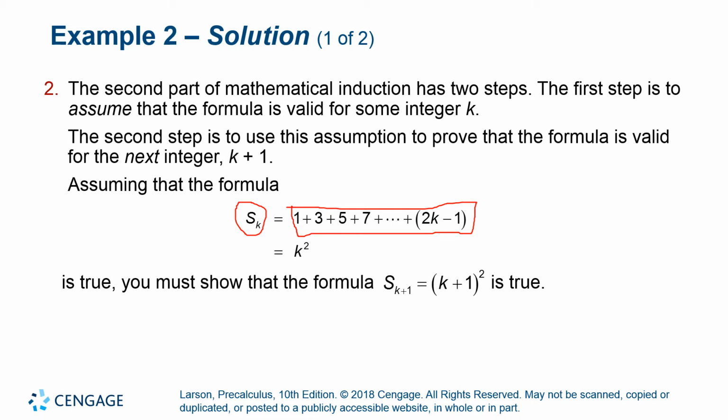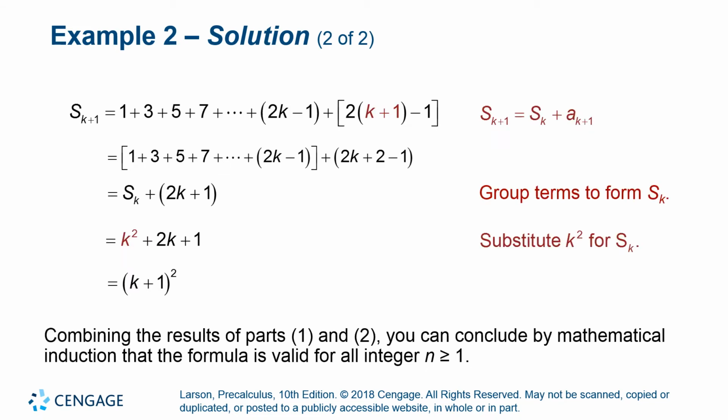So now the next step, we have to show that Sk plus 1 is going to equal k plus 1 squared. Now, for the third part, we need to prove the fact that S of k plus 1 is going to equal k plus 1 squared.